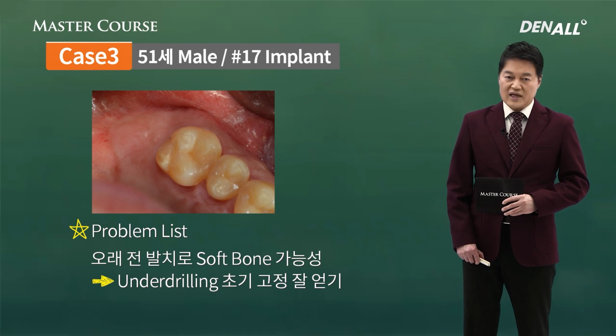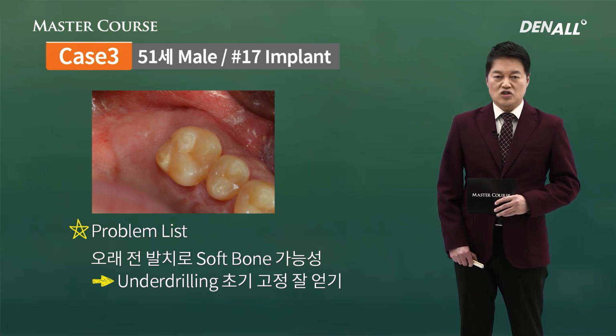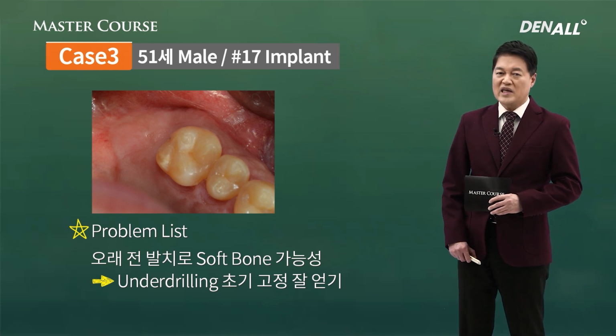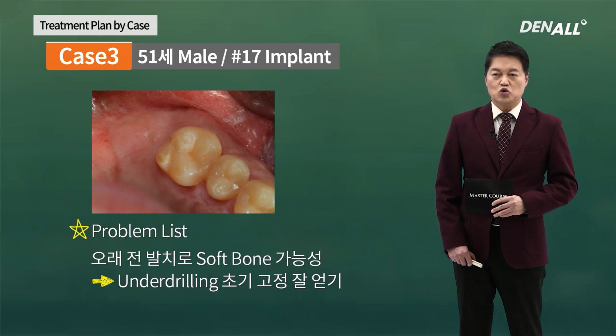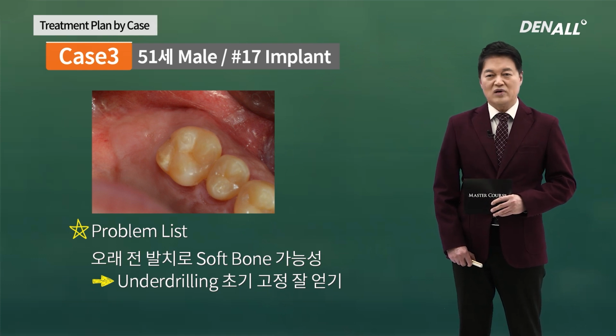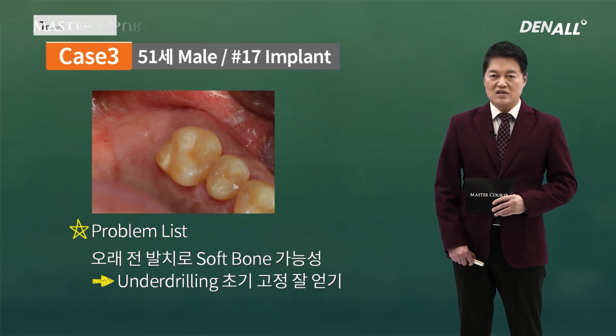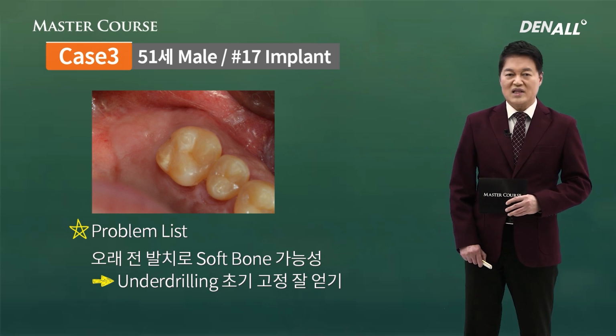So in those cases, in order to get initial stability, you need to do under drilling by 1 size or 2 sizes. And in the case of soft bone, you need to have good direction and maintain that direction. If you continue to change that direction, you lose the chance to get initial stability. So you need to have the correct direction from the beginning.